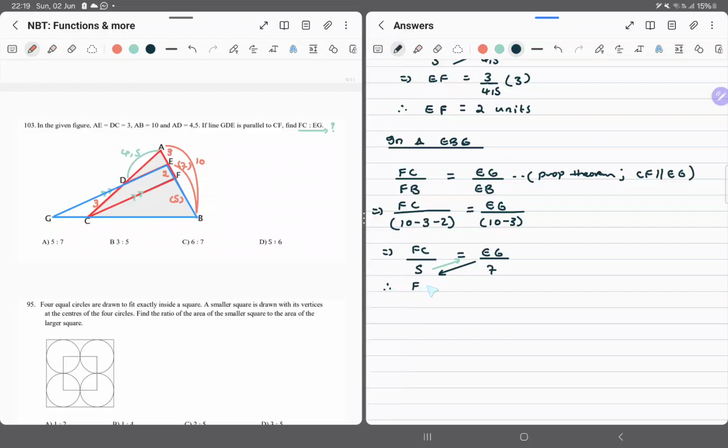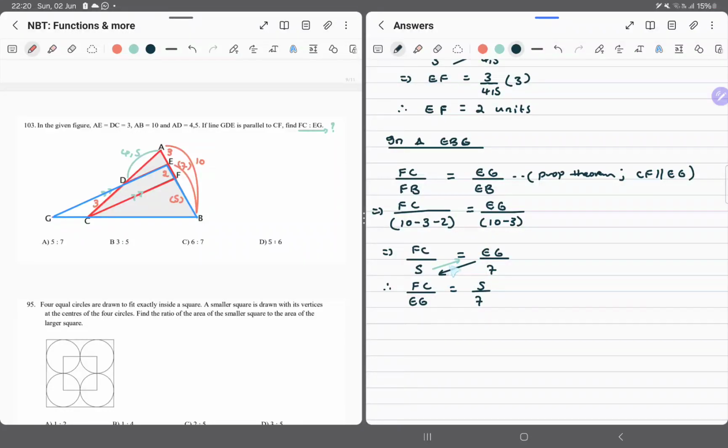So we can say therefore FC over, so we pulled EG down, and we pulled 5 up, it's going to be 5 over 7. I dare you guys, you may think I'm crazy, but some shorthand techniques. When you have an equal sign in fractions, you can pull anything to the other side in a cross fashion, so to speak. It is valid. But if you want, you can go about it the long way, say cross multiplication.